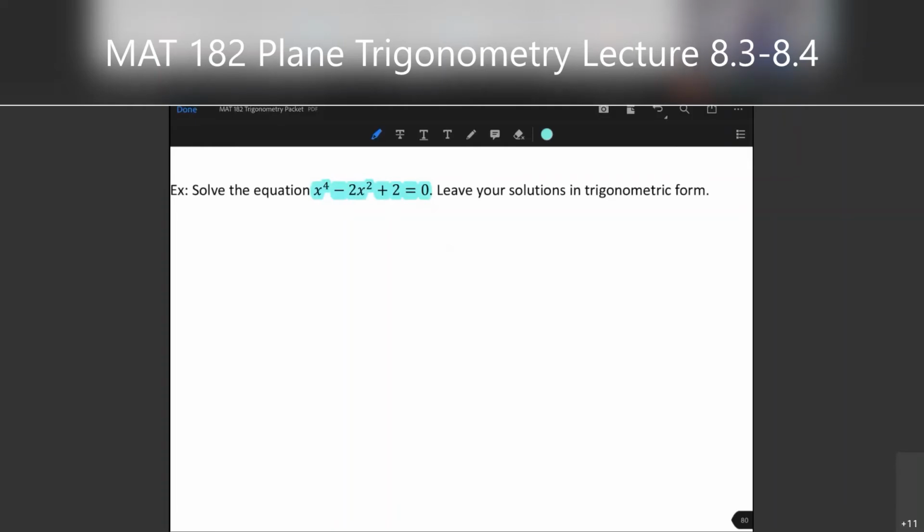So one way I could get around this fourth power for the time being is considering a u substitution. We could put a u substitution variable into this equation to start out, and call that u substitution x squared. So if I have u equals x squared, that would mean u squared is equal to x to the fourth.